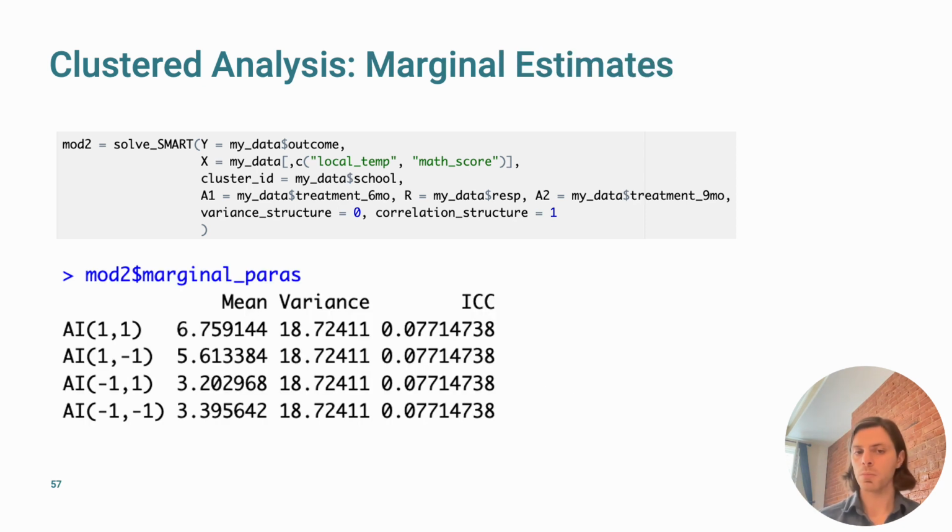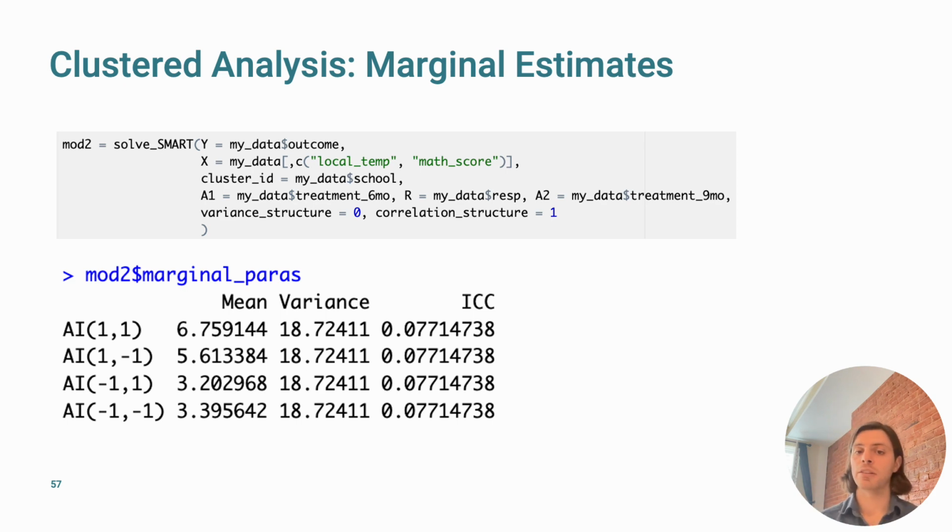But we have more. If you use this line, you can get the mean under each of these 4 adaptive interventions, along with an estimate of the variance and the ICC. Since we chose a homogeneous variance structure, the variance here is the same across the 4 embedded adaptive interventions.